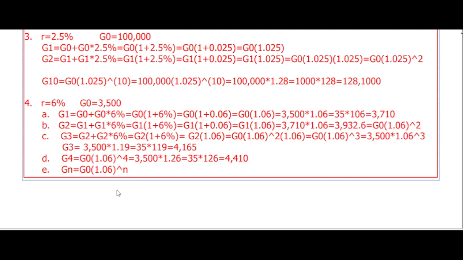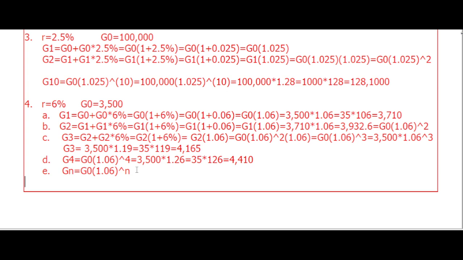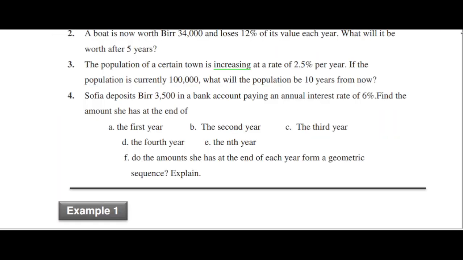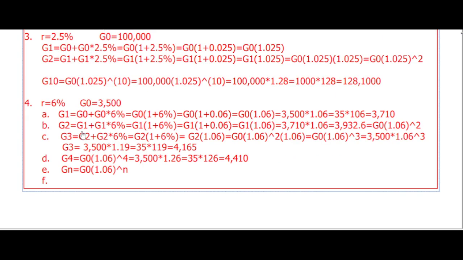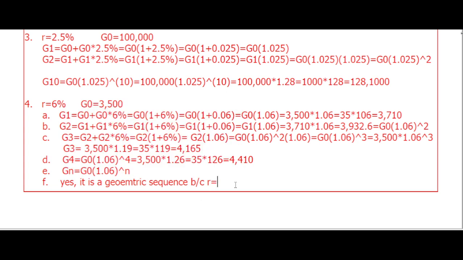From this, I understand that yes, it is a geometric sequence, because we have a common ratio r of 1.06.